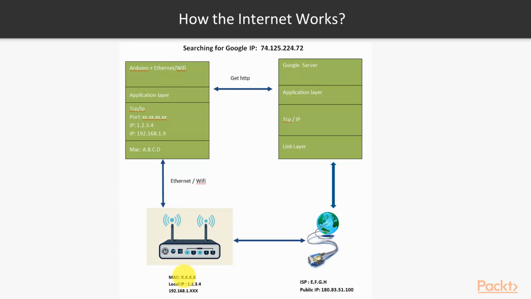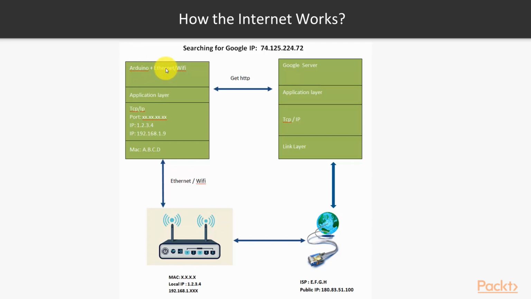For example, if you had 9 devices connected to the router, then the 9th device would be 192.168.1.9. So all the messages sent from this IoT device number 9 to the router are sent over the IP address 192.168.1.9.